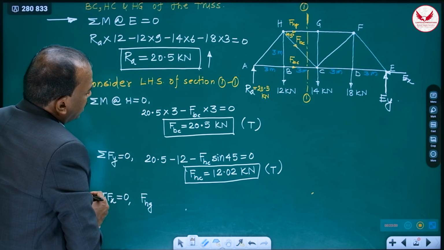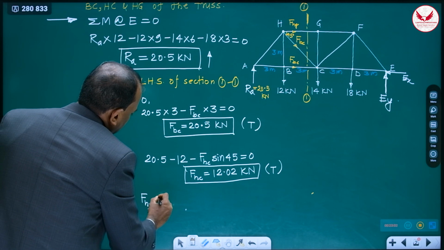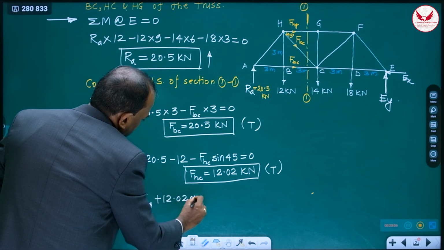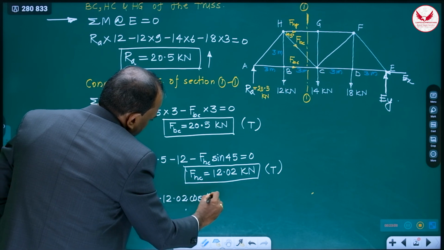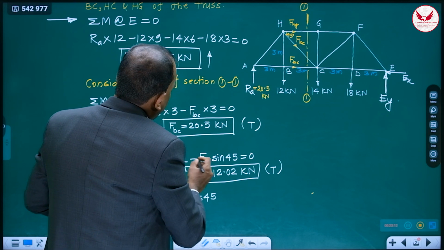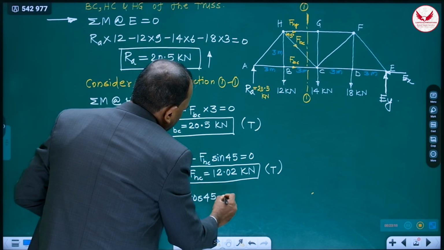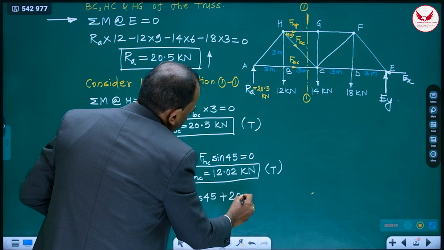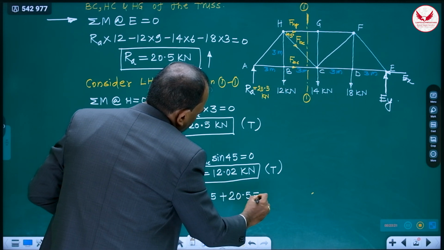Then FHC is inclined, 12.02 cos 45 towards right, positive, plus BC we have calculated, plus BC 20.5, it is equal to 0.